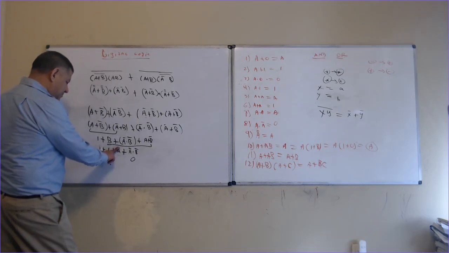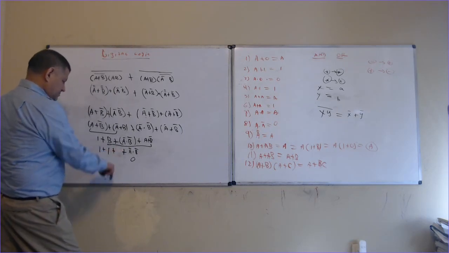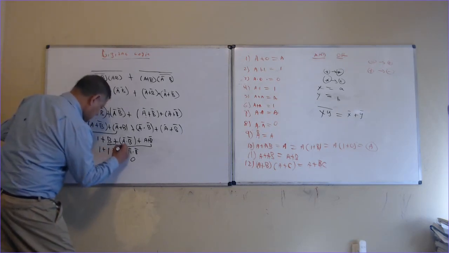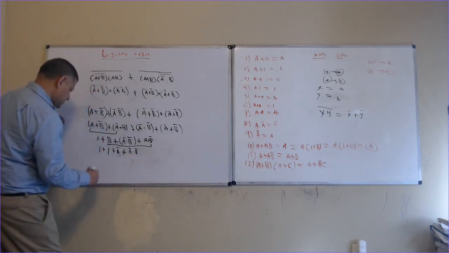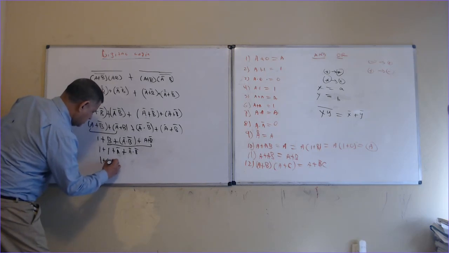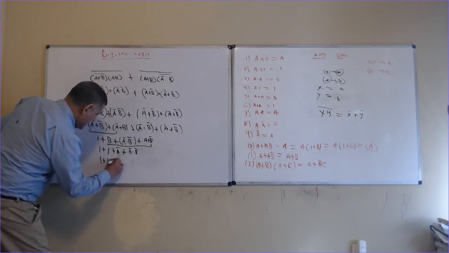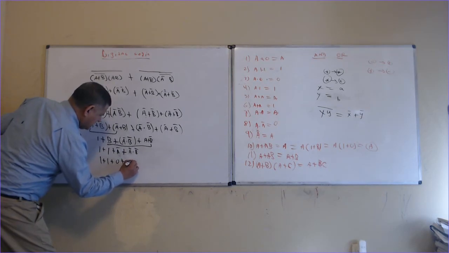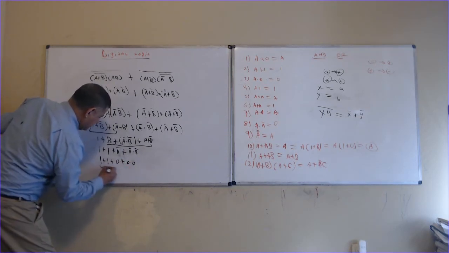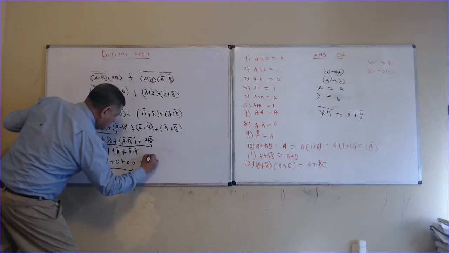So if this becomes even like this, 1 plus 1 plus not A, which is 0, plus not A, the whole thing is equal to 1.